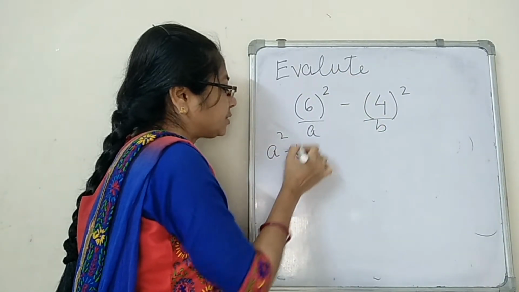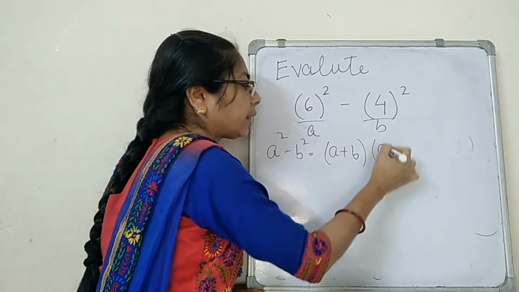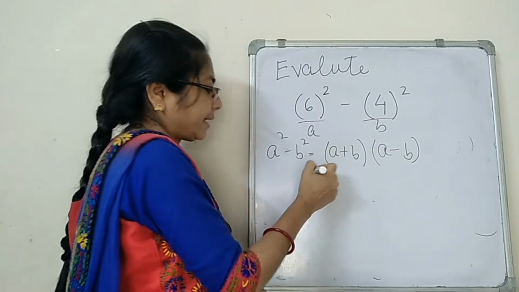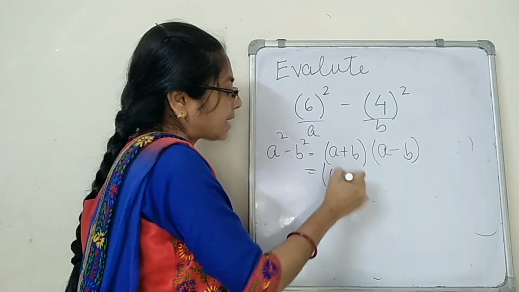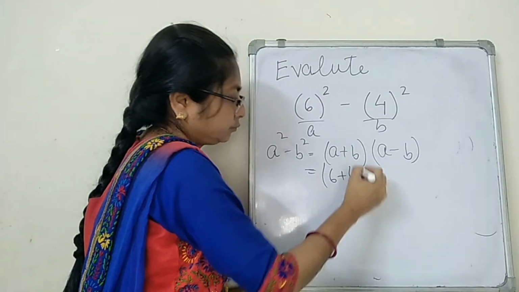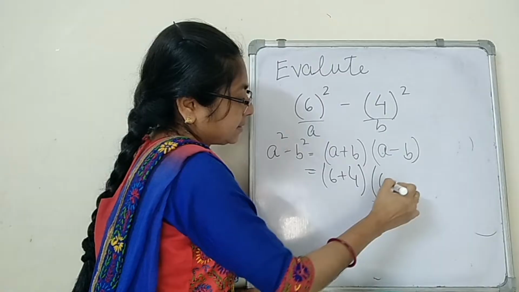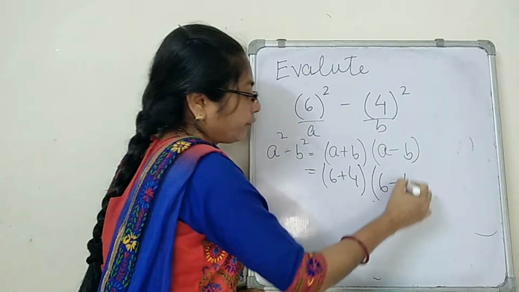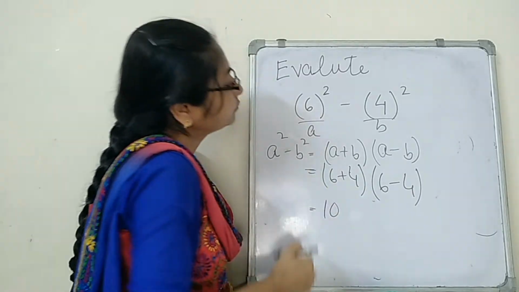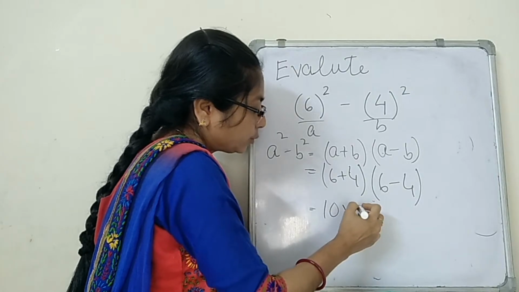A square minus b square means a plus b into a minus b. Put the value of a. A is 6. Very good. Plus sign. What is the value of b? It is 4. A 6 minus b 4. 6 plus 4 is 10. 6 minus 4 is 2.